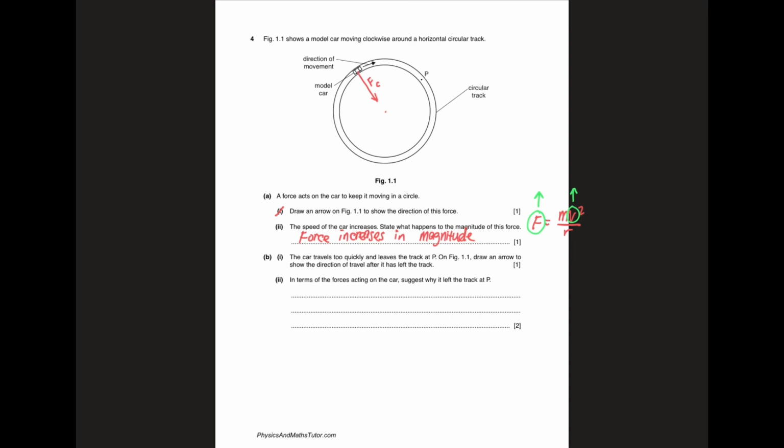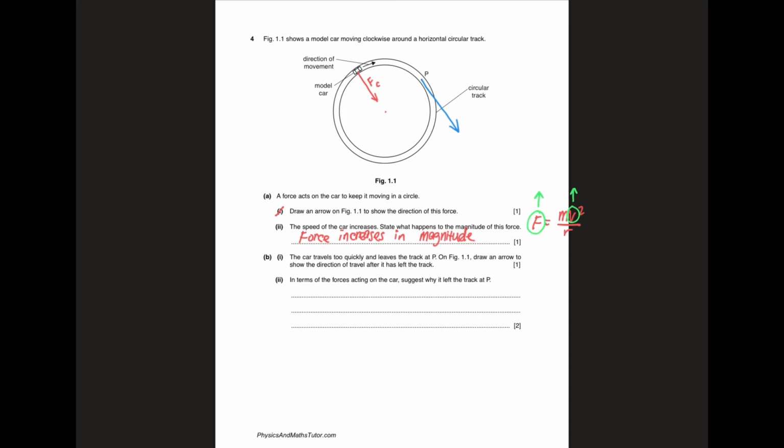Okay, so you have to draw an arrow to show this. So you have to draw tangent basically. Tangent. Okay, so you have to draw this way. Tangent. So the idea is tangent. So when they can't move in the circular motion anymore, so they will move in tangent.